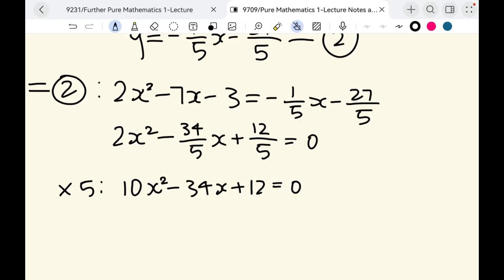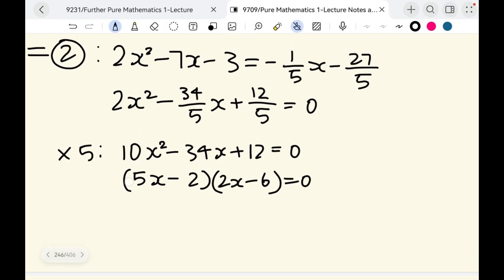So solve the quadratic by using factorization, which gives the factorization result of 5x minus 2 and 2x minus 6.